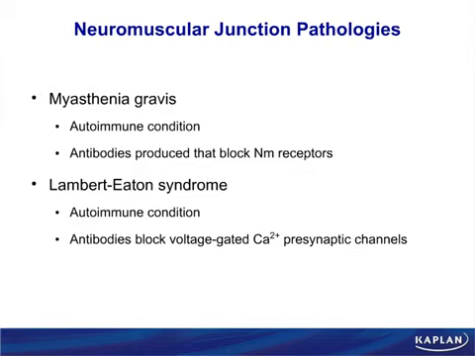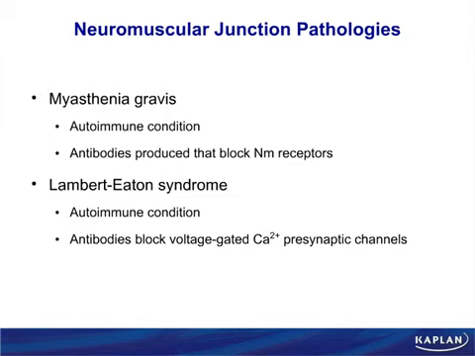Next is Lambert-Eaton syndrome, also known as Eaton-Lambert syndrome. Interesting. I've always known it as Lambert-Eaton, but some people call it Eaton-Lambert, so one or the other. Bottom line, it's an autoimmune condition, and yes, it can be part of a paraneoplastic syndrome. Here we have antibodies created to presynaptic calcium channels.